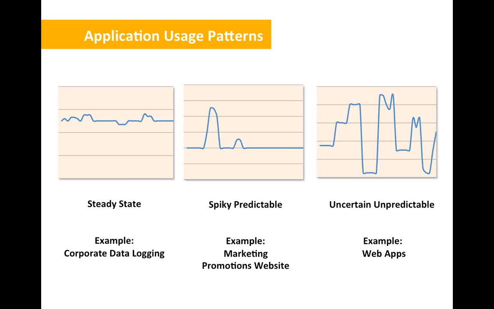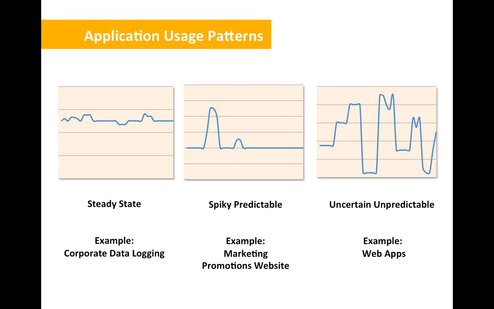So it's pretty predictable. Then we have what I call a spiky predictable workload. For example, a marketing promotions website. As you can see here, the graph shows that there's a big spike, and maybe that's during a marketing promotion, but it's predictable. You know that a lot of people are going to come on for those days because you're promoting it and it's part of a marketing campaign. So that's why I call it spiky predictable.